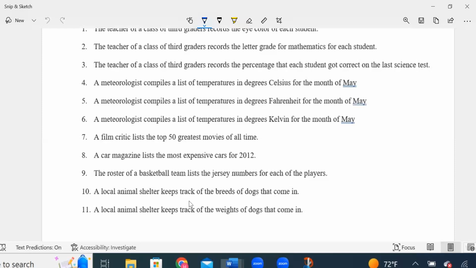See how I'm relating the weights? Or let's say I have a dog that weighs 5 pounds and a dog that weighs 10 pounds. I can say the 5 pound dog is half the size of the 10 pound dog. Yeah, I can compare. So that would be ratio. This is the ratio level of measurement.